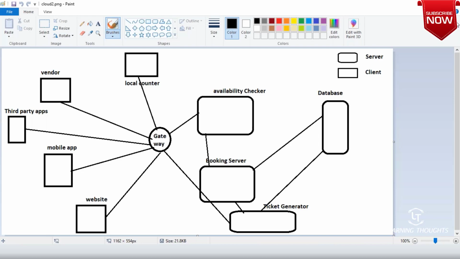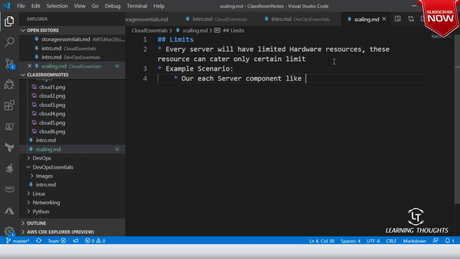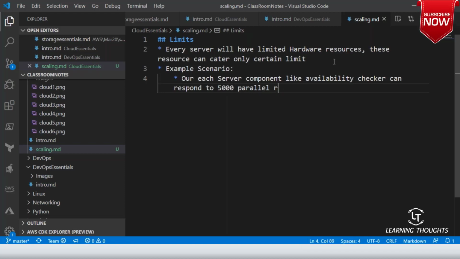Did you understand this? So let me write that question. Example scenario. Our each server component, like availability checker, can respond to 5,000 parallel users or requests, whatever you call it.